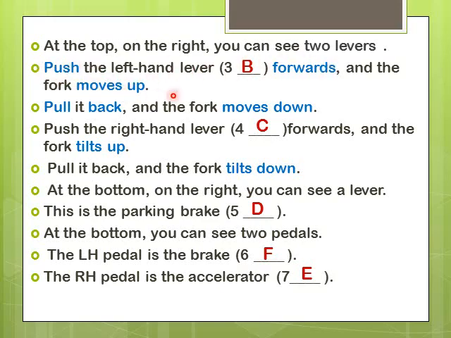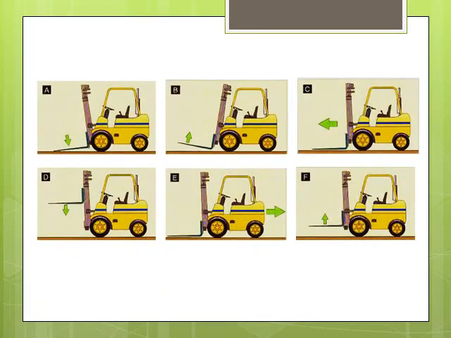Pay attention to all the verbs that I highlighted, like push forward or moves up, pull back and moves down, tilts up or tilts down. So next here we have pictures of movements of the truck.